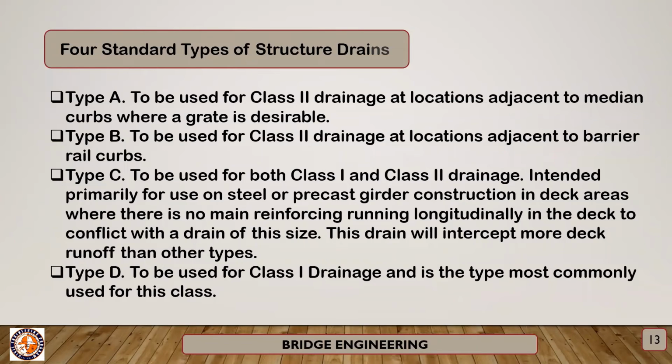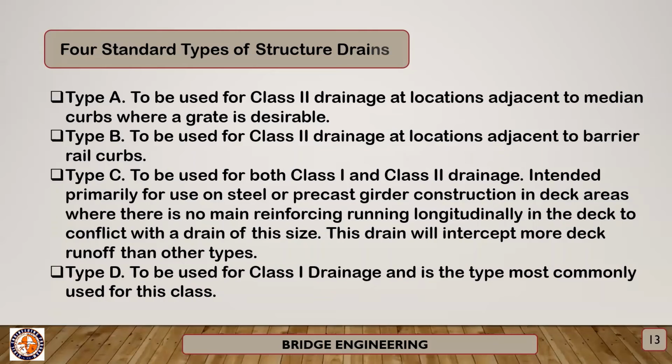Type C is to be used for both class 1 and class 2 drainage, intended primarily for use on steel or precast girder construction in deck areas where there is no main reinforcing running longitudinally in the deck to conflict with a drain of this size. This drain will intercept more deck runoff than other types.